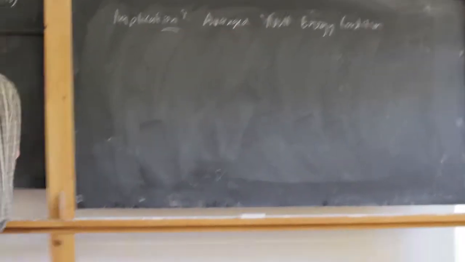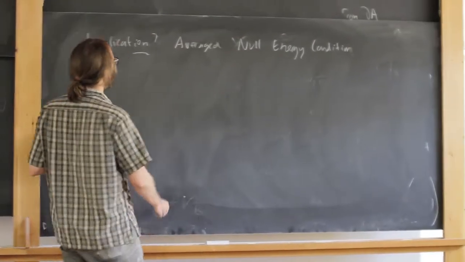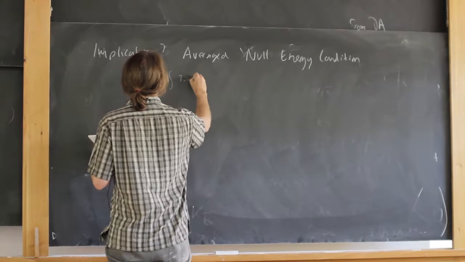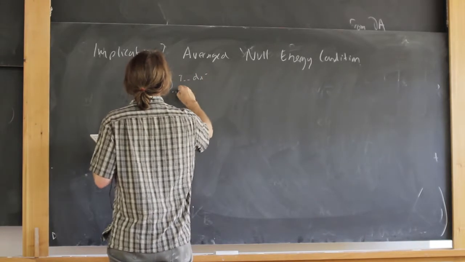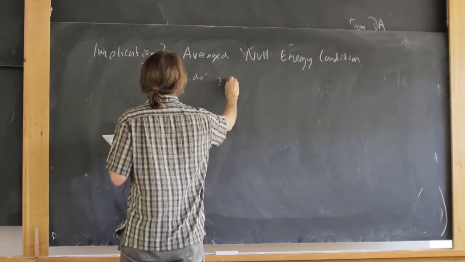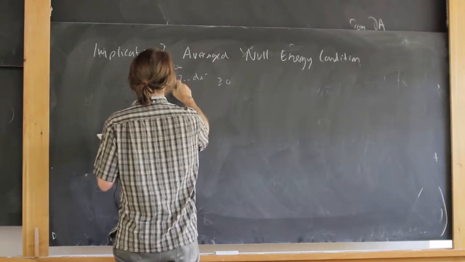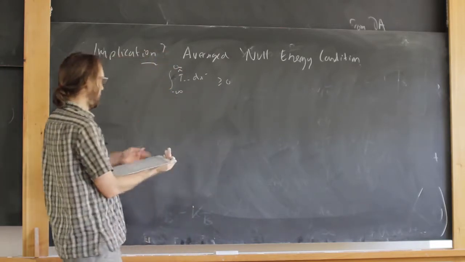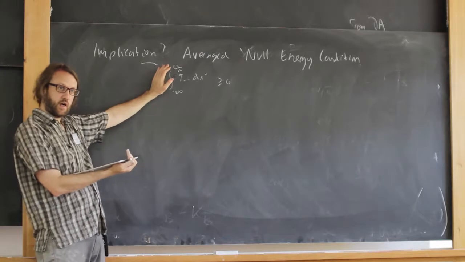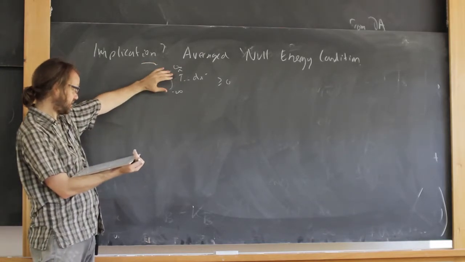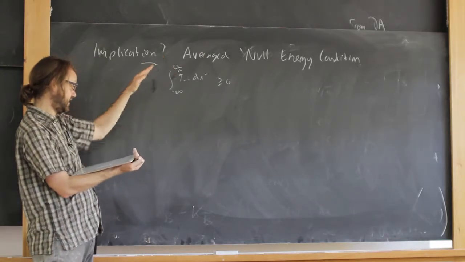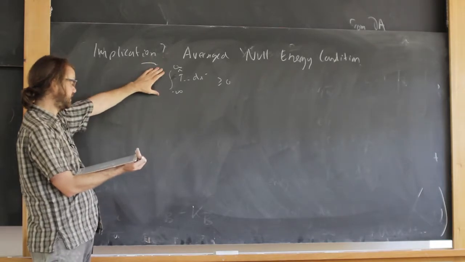The average null energy condition is the statement that the integral of t minus minus should be positive. You can read this as an operator statement. I've written this in Minkowski space. I'm thinking of just integrating along a null curve in Minkowski space.